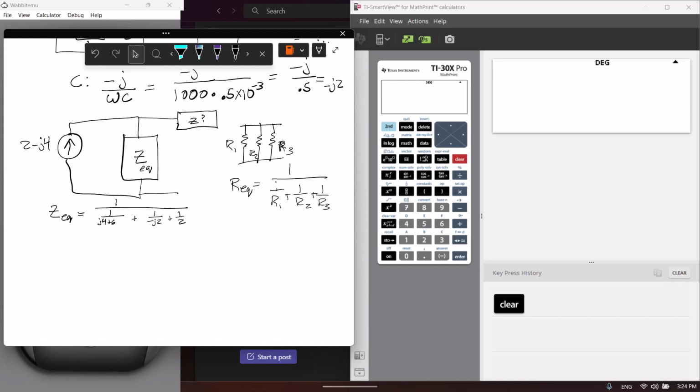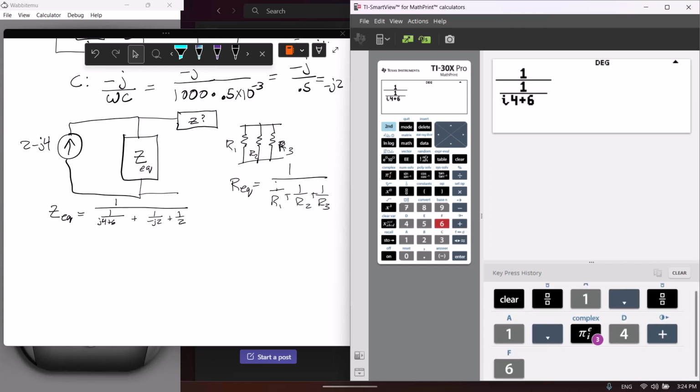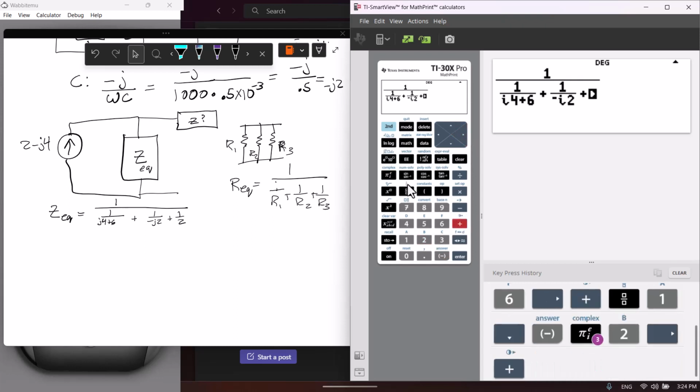So on my calculator, I'll use the fraction button, and I'll do 1 over, and then the fraction button again, 1 over J4 plus 6, and then plus fraction button 1 over minus J2, plus, I'm going to do 0.5 by putting a decimal in there.